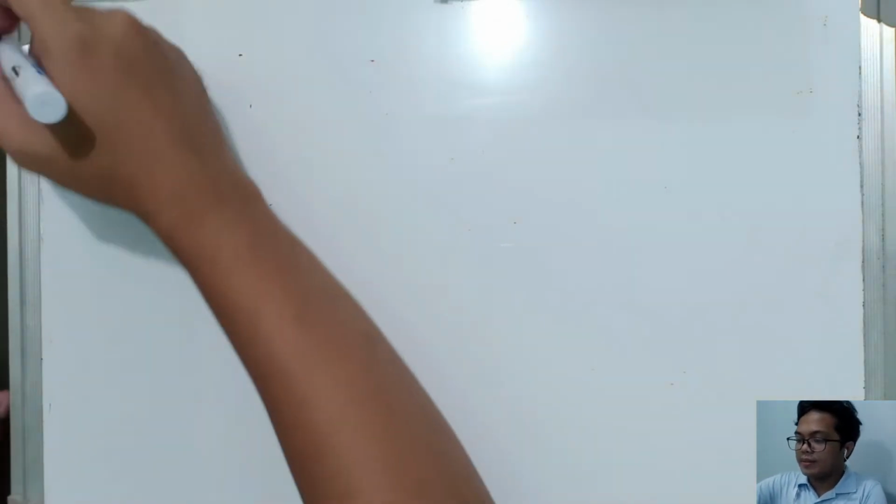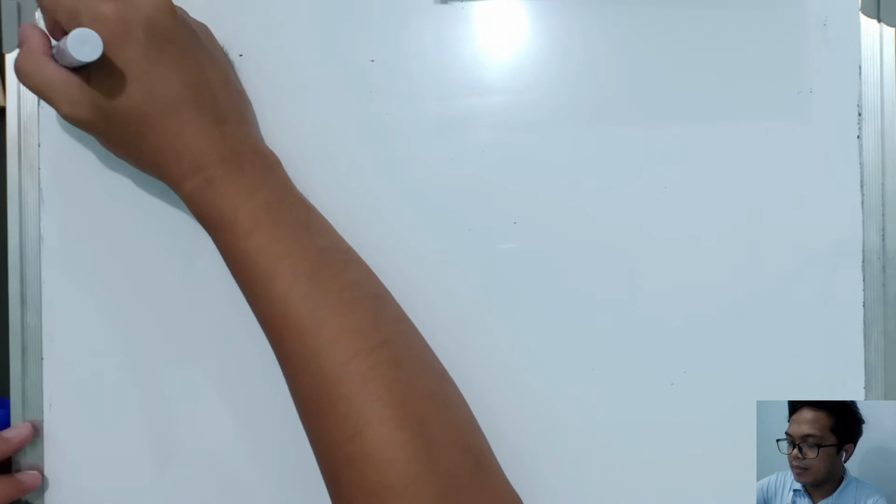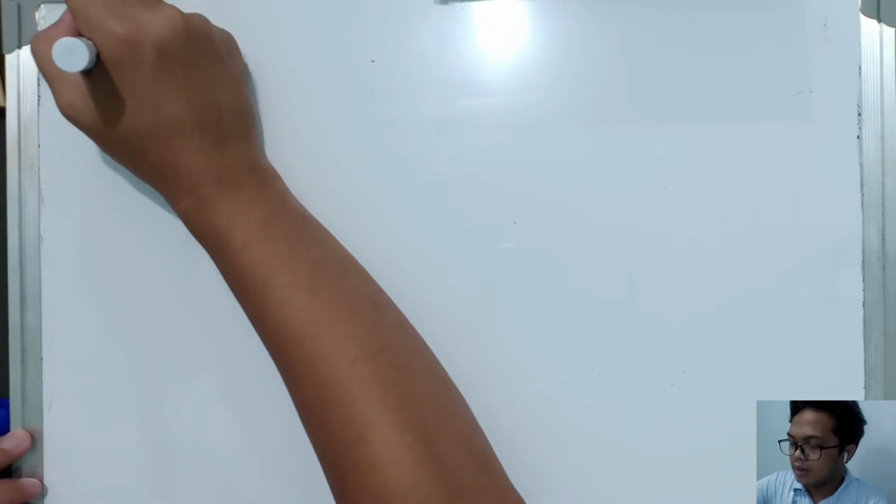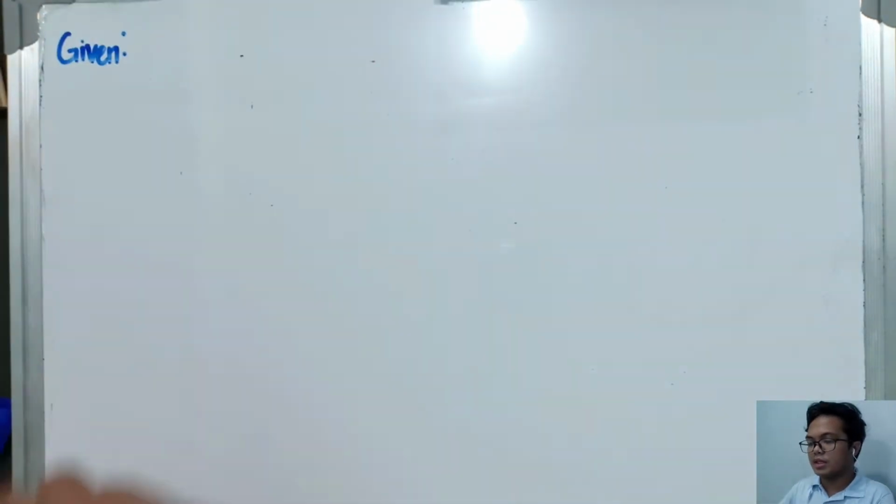Let me switch to the whiteboard screen here. Like the other problems that we already solved before, we're going to start off with our given. Sorry if I'm jumping right into this.